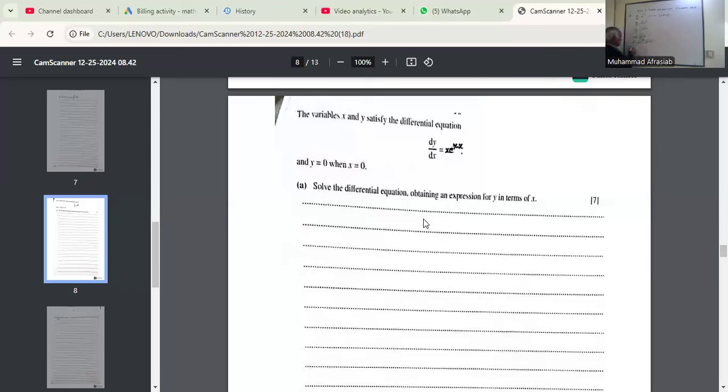This becomes minus 1 over e^y is equal to minus x over e^x plus the integration of e^(-x) dx.